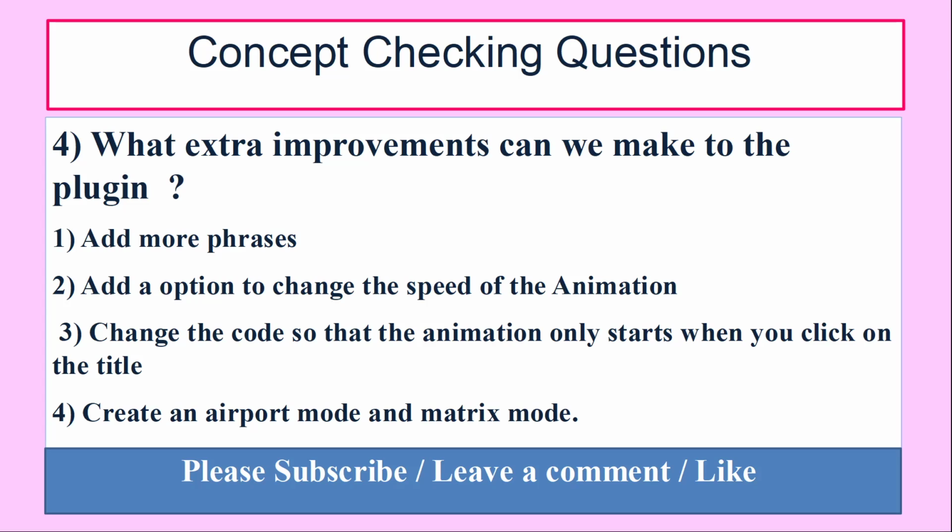So maybe you could have an airport mode with pictures and a completely different style, and you can also have a matrix mode, and you could maybe do that in the front end or back end to switch between those modes. I would be really interested to see how you add or improve the plugin.